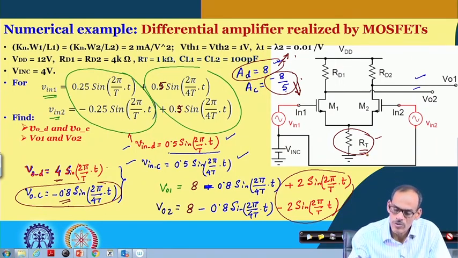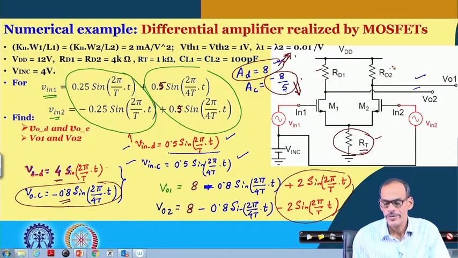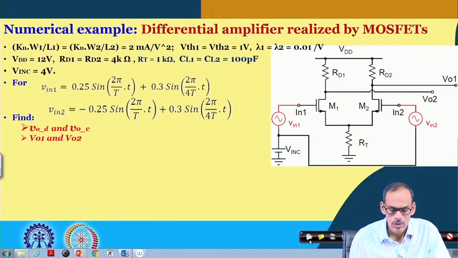And if you want to increase this gain, we can replace these 2 passive resistors by active load. That example we will probably see some other day, but today we will be replacing this passive element by an active element.